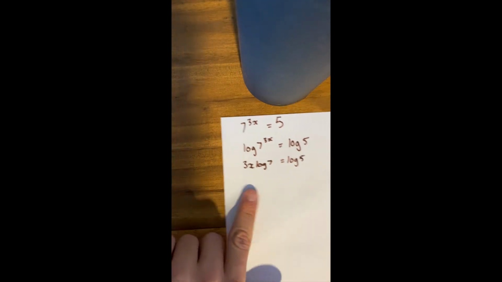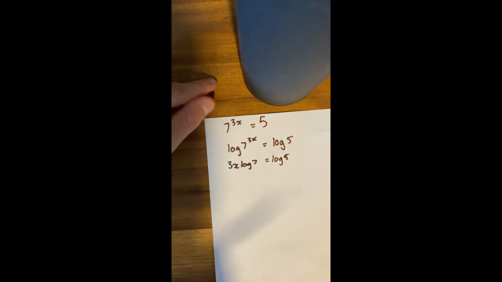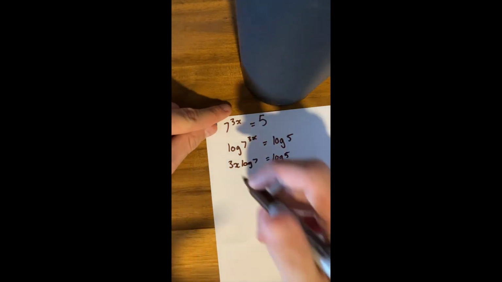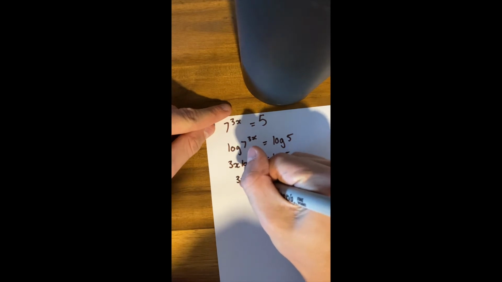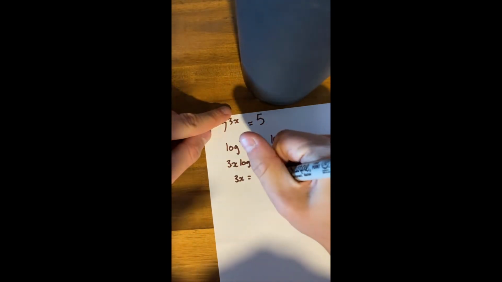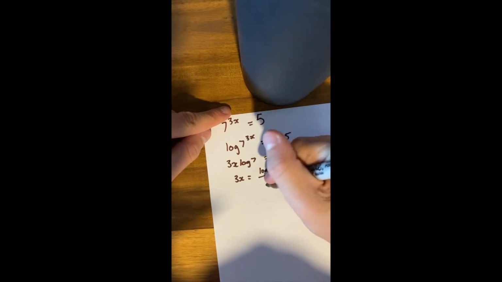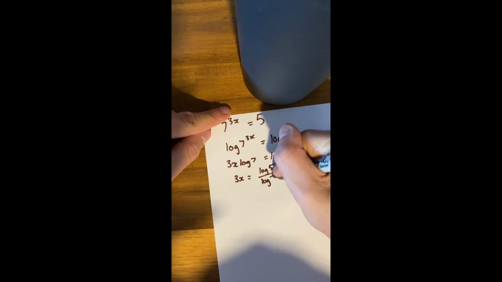So now with this we can essentially rearrange it and isolate the value of x. So the first thing you do is, 3x equals, we'll divide both sides by log 7. So it becomes log 5 over log 7.